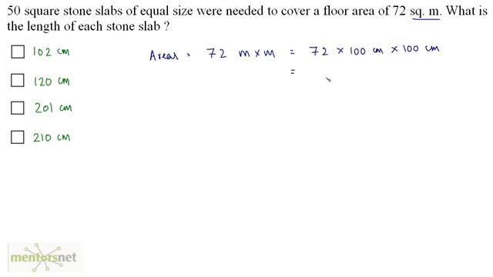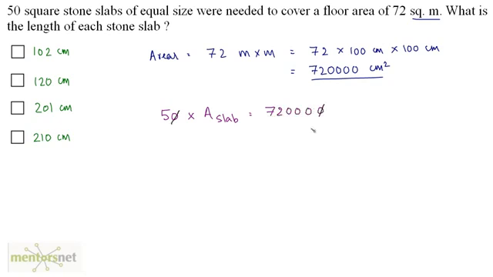Okay. So this is basically equal to 72 and 4 zeros centimeter square. So this is the area. Now 50 stone slabs cover this complete area of 72 square meter. So I can write 50 into the area of one stone slab is equal to this complete area, 720000.